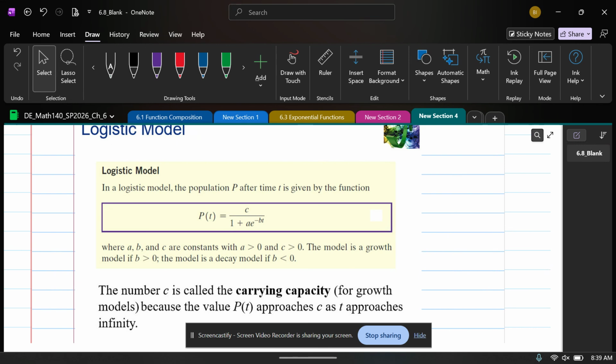Now, notice that there's a negative in the formula. So if B is positive, this negative is still going to show up. If B is negative, that negative is going to go away. Okay. Now, the carrying capacity: the logistic model is used in ecosystems. Like if you work for TWRA, Tennessee Wildlife Resources Agency, certain environments can only support a certain amount of deer.